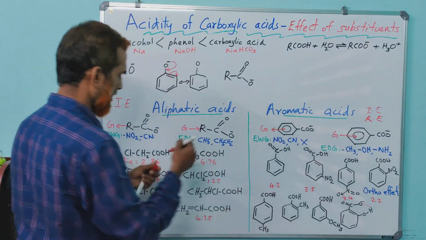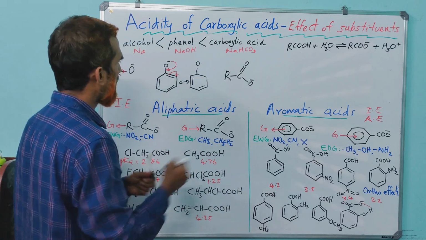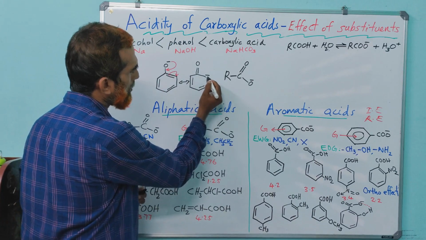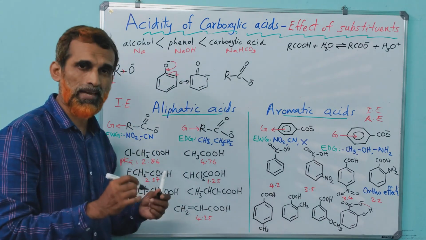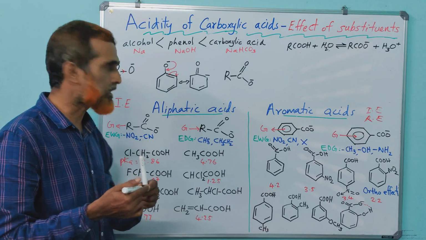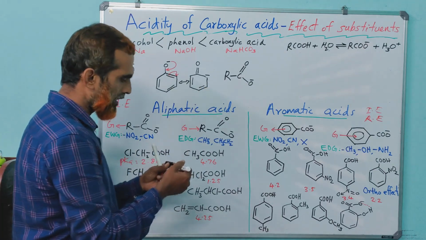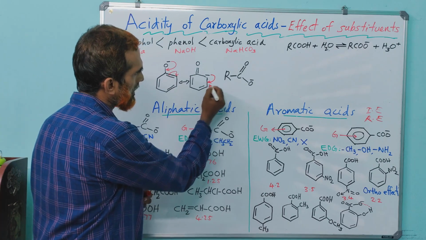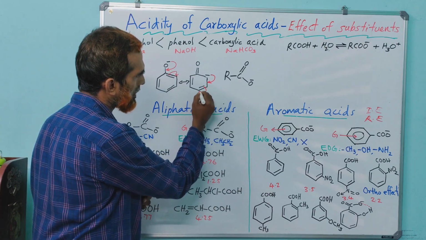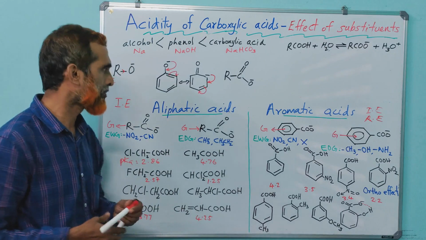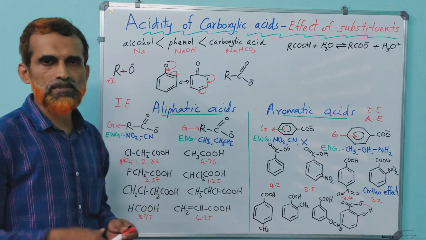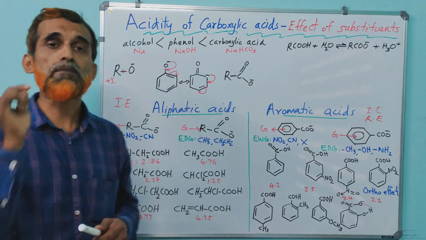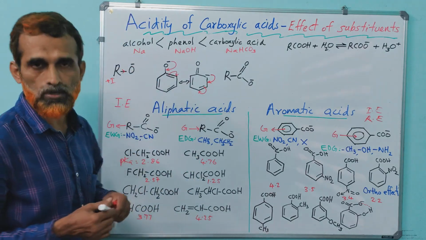Double bond O, and this lone pair appears here. See, whenever we put a negative charge, remember there is a lone pair, even if it is not explicitly shown. Now this will continue to get more structures. This will shift here, and this pi electron gets located on this carbon, and it continues. So you can draw 4, 5 such structures. So this is resonance stabilization in phenoxide that makes phenol more acidic than alcohol.